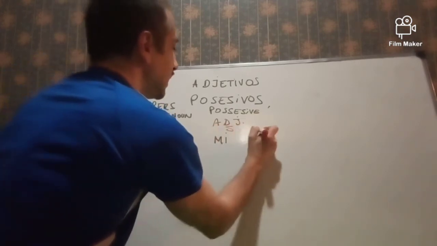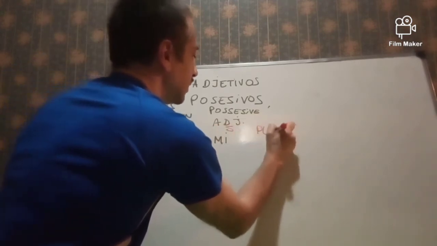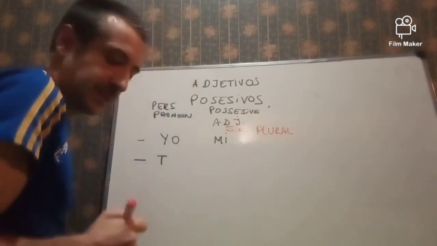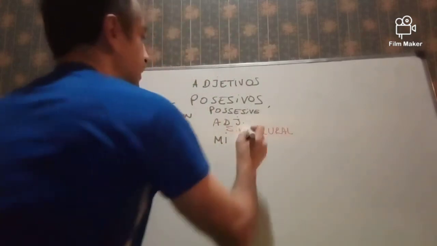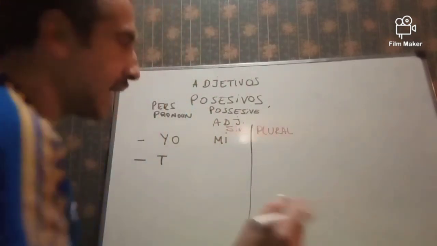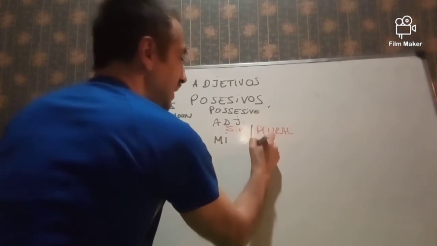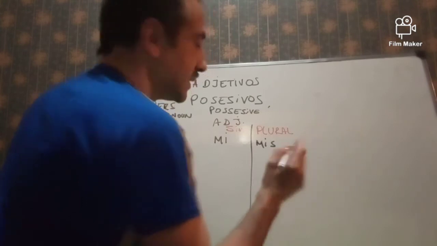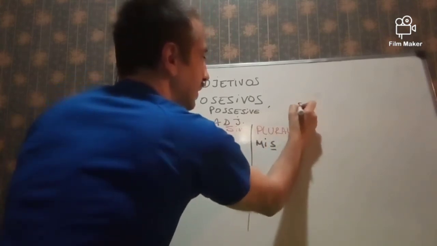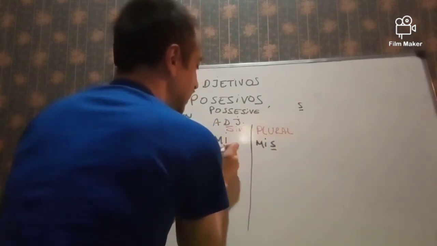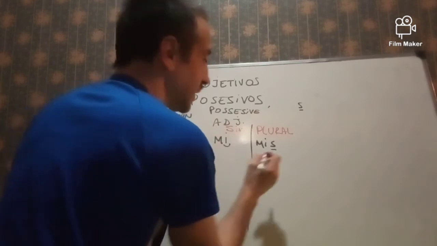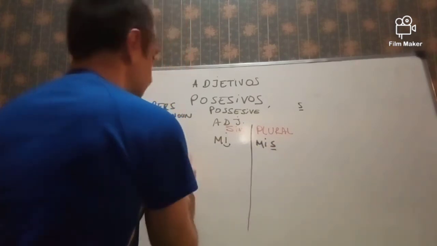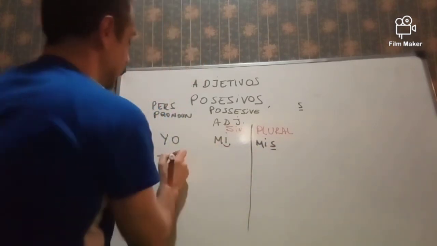So this is the singular, and this will be the plural. Mi gata, my cat, my cats, mis, following the rule that we add the letter S if we already have a vowel at the end. My cats, mis gatas, o gatos.